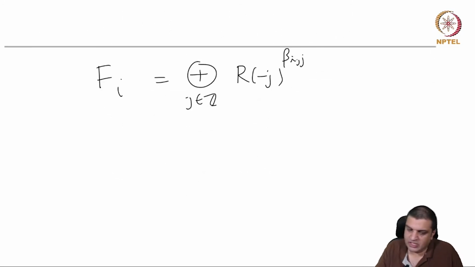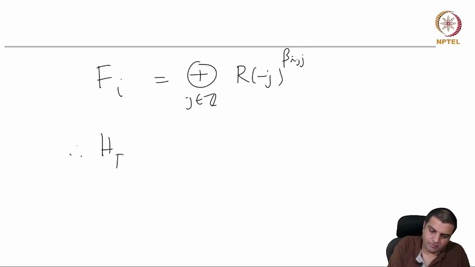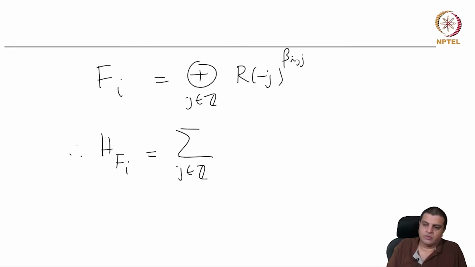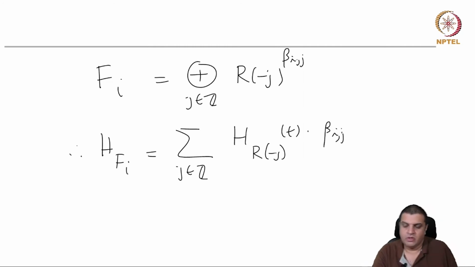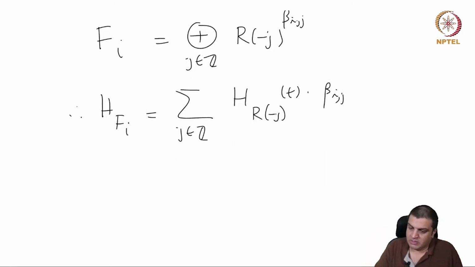So therefore, H_F is the sum over j in Z of H of R(-j) in t, times beta_ij. Each copy will contribute 1 to this thing. But what is this number?